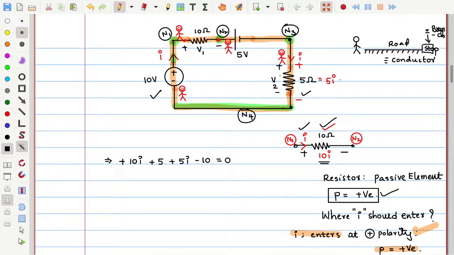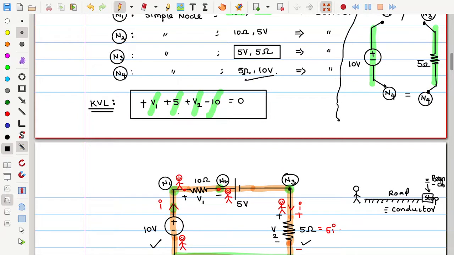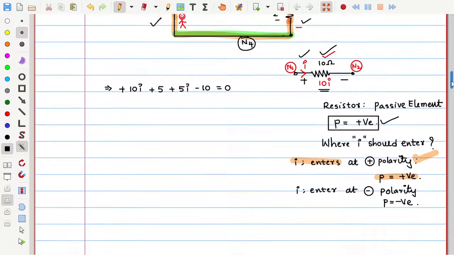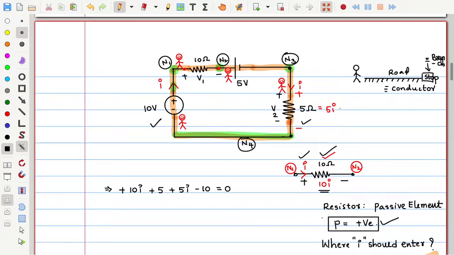If V1, V2, everything is given directly, no issue. We would have written this kind of expression, and we will verify whether it is 0 or not. That is the KVL. But if V1 is not given, instead only the current is given, say it may be I ampere, then based on that I can calculate this as 10I.